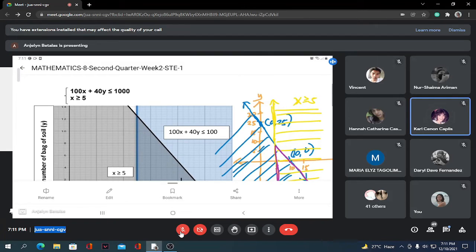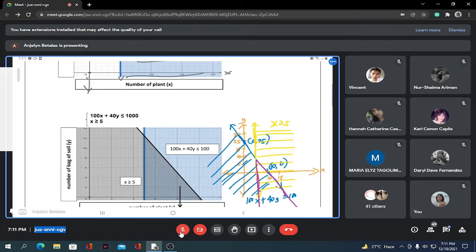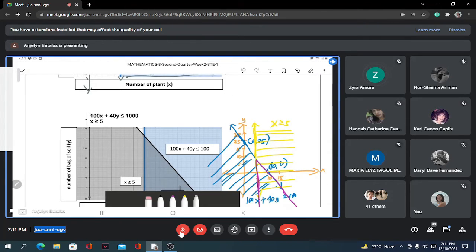No, ma'am. So, class, although the graph extends down, the possible answer is only this. I will shade this. It's still a triangle, because you cannot consider y as negative. There is no negative number of bags of soil.